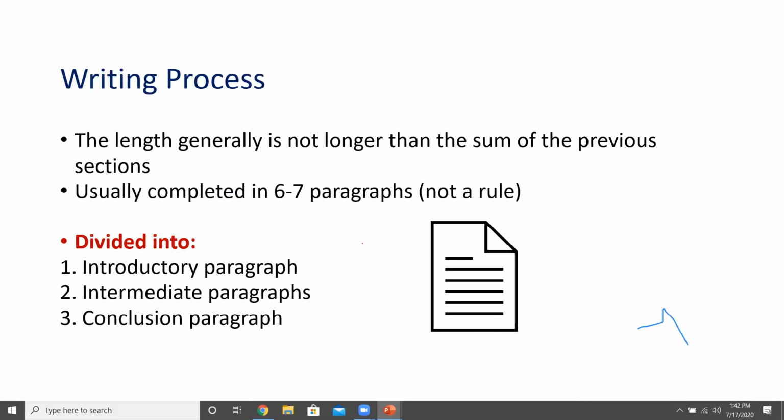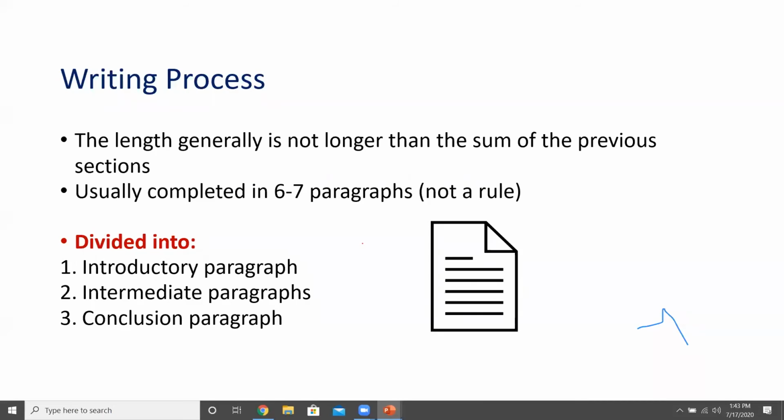Now, the writing process. Just before I begin, this is a reminder that this is not a rule. There is no set criteria unless you're submitting your paper for a journal or maybe a grant.